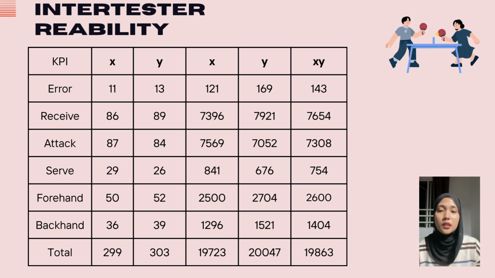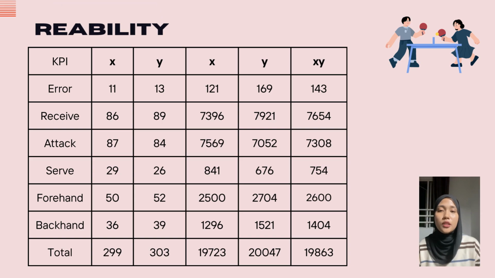For example, receive was recorded as 86 and 89, while attack was recorded as 87 and 84. The small difference indicates that both analysts observed and coded the match consistently.